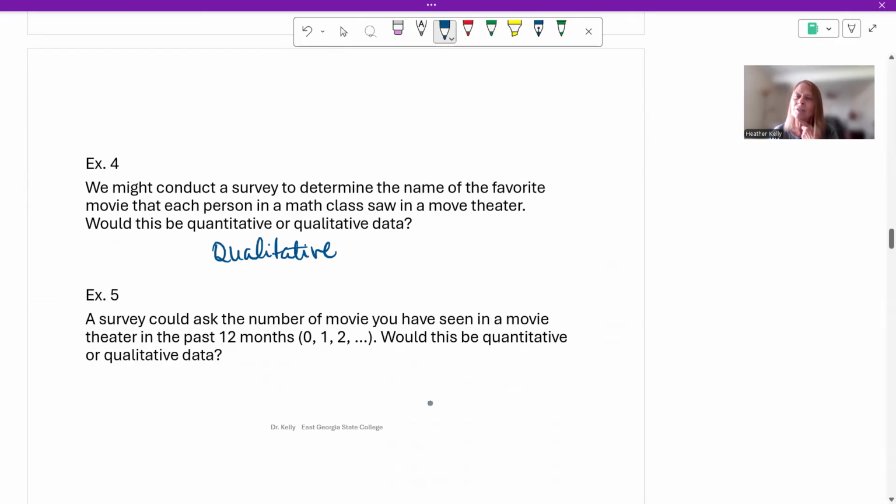Well, I did go see Beetlejuice 2 in the theaters, but I think that's been more than a year, so I think I'd fall under 0. But anyhow, would this be quantitative or qualitative? In this case, this is quantitative, because we want to know how many times that happened.